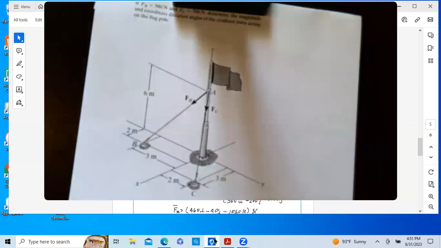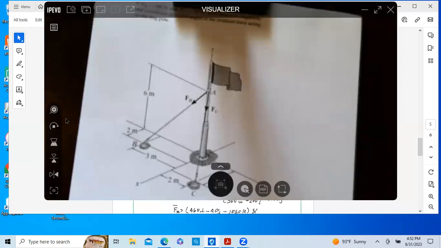Got two forces oriented, and there's force B is equal to 560 newtons, and this is a force. If I can focus this. Get all the tools up on this.